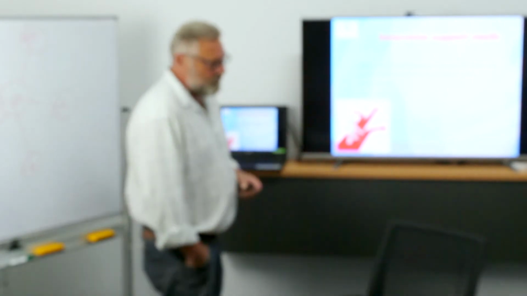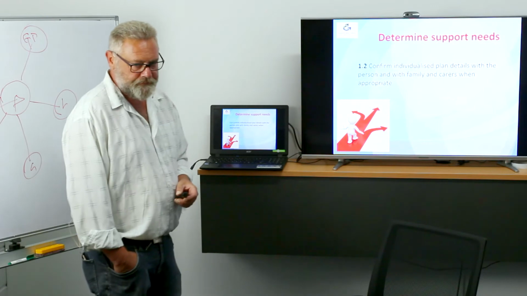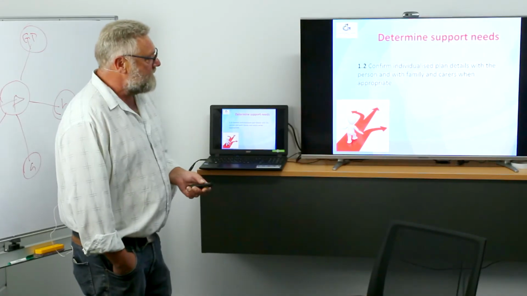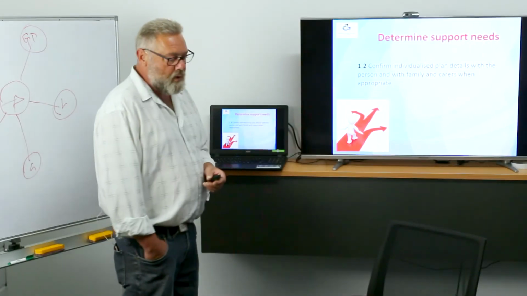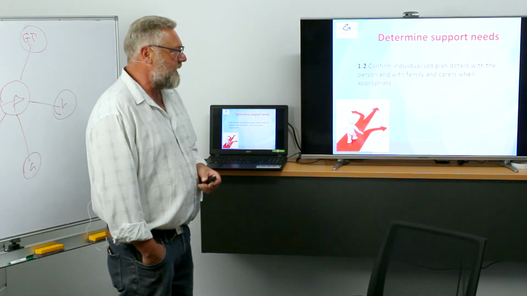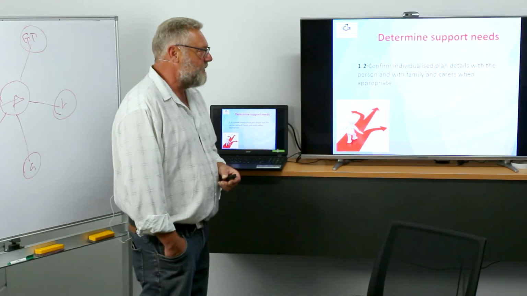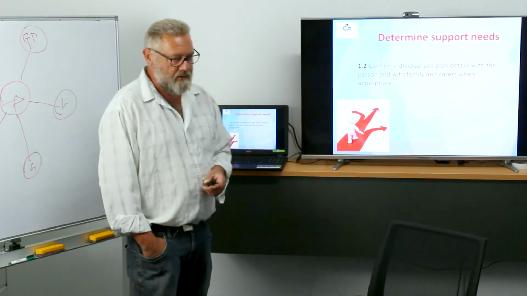So you might want to write on your workbook, refer page 16, learner guide. So 1.2 or 1B is confirm individualised plan details with the person and with family and carers where appropriate.